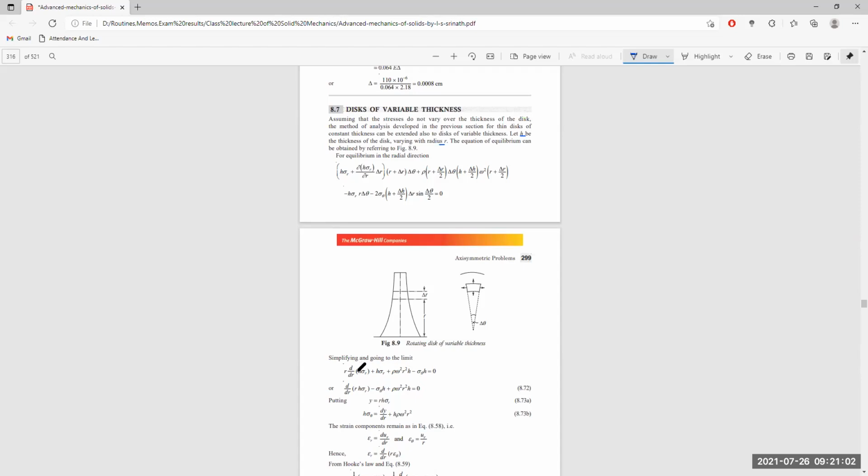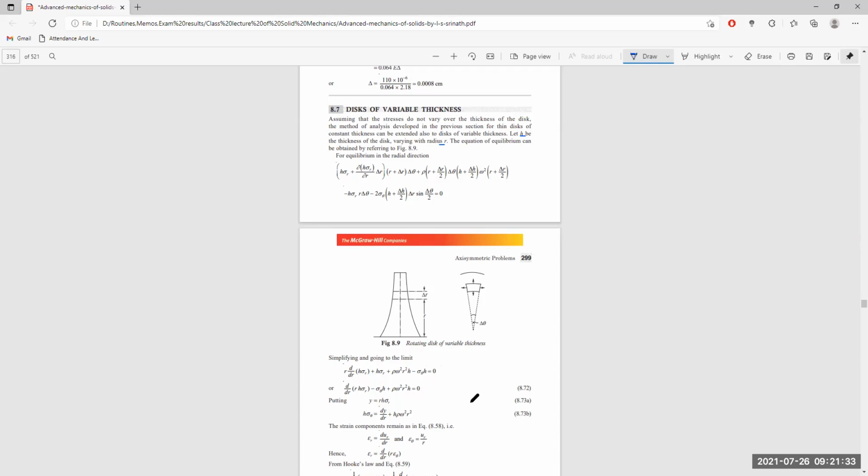We have r plus sigma r, h plus sigma r multiplied by the rate of change of h plus sigma r with the change in radius, multiplied by the original radius at the beginning, plus h into sigma r, and the centrifugal force minus sigma theta, the tangential stress, multiplied by h itself.